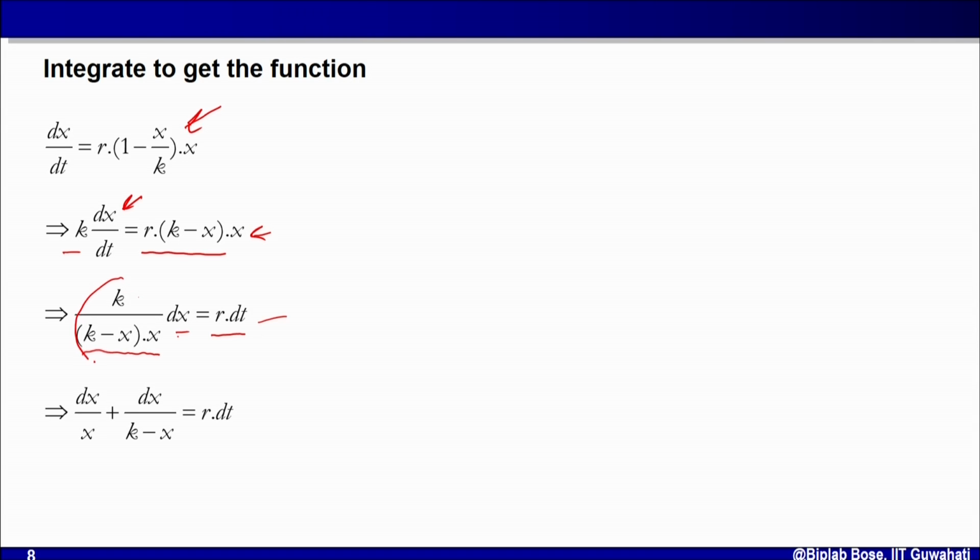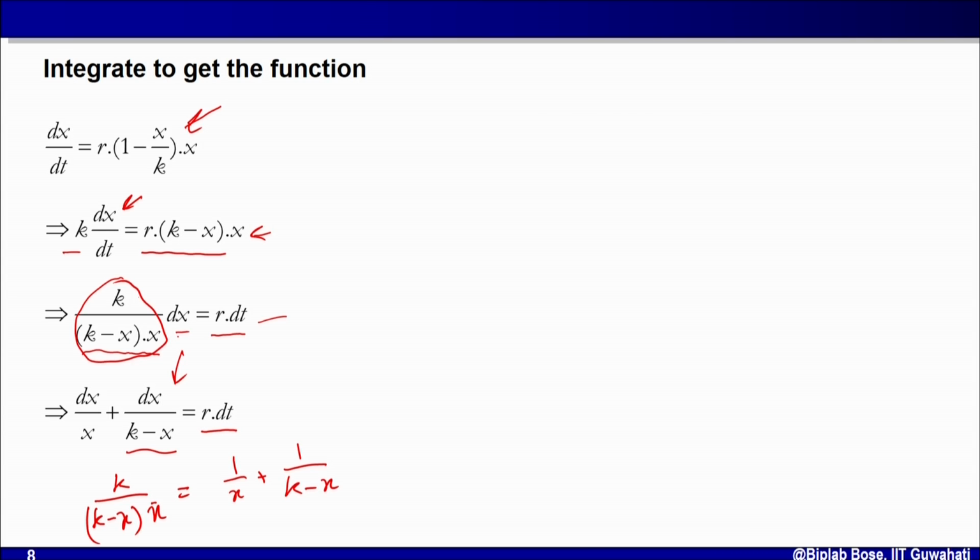This whole thing, k by (k minus x) into x, is nothing but 1 by x plus 1 by (k minus x). So from this I get dx by x plus dx by (k minus x) equal to r into dt.